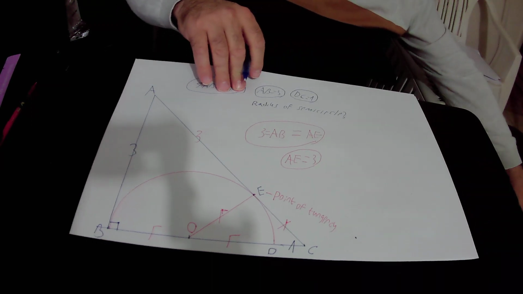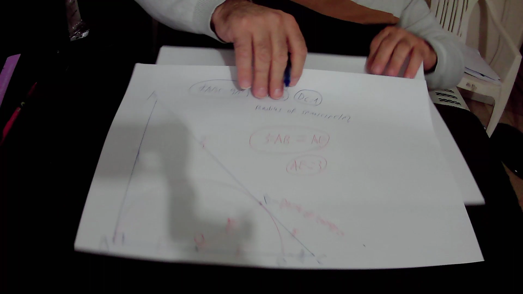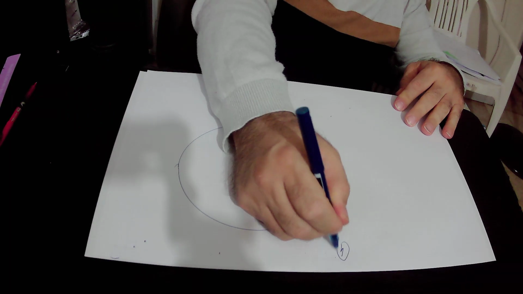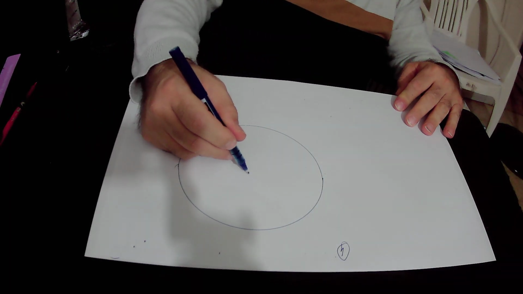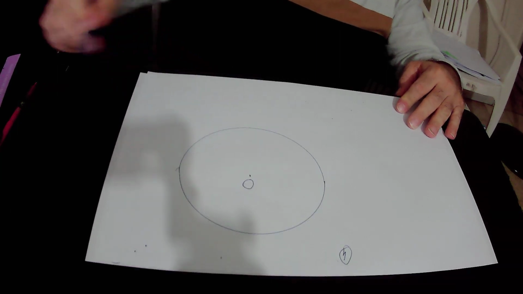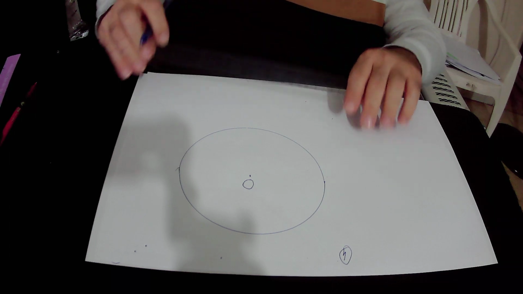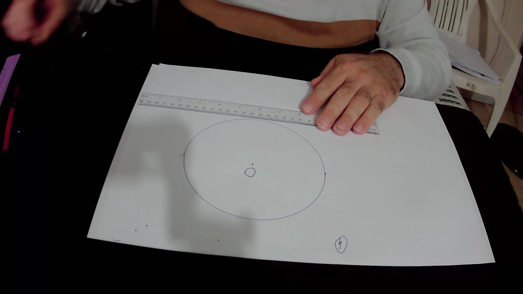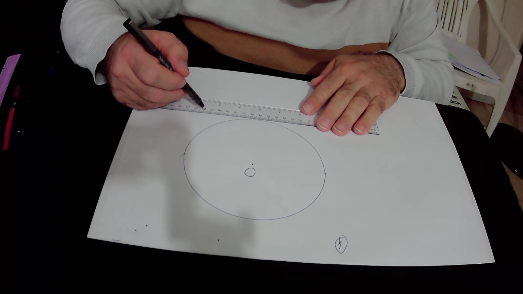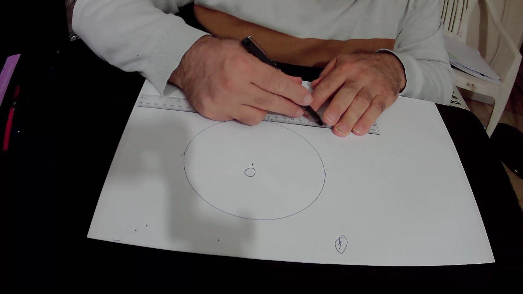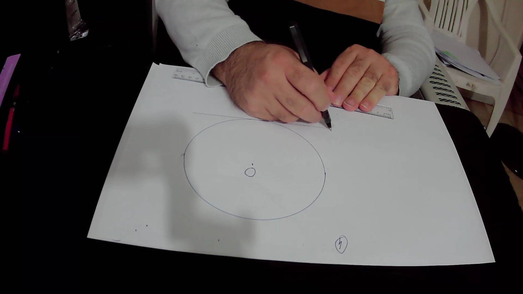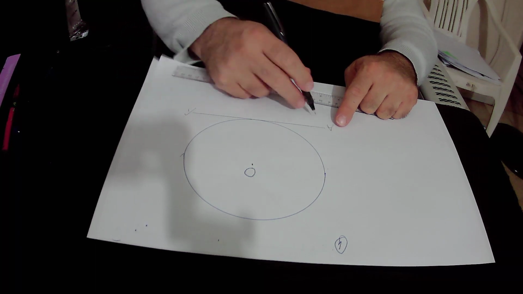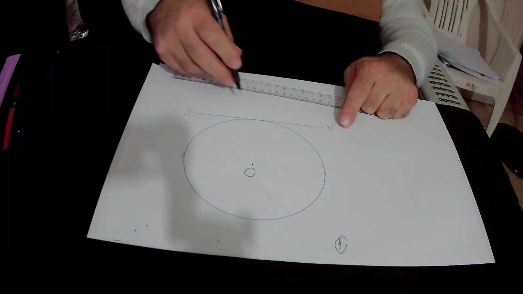The meaning of rule number 2 is that if we have a circle, this circle, and the center of this circle is at this point, we will define the center of the circle as point O. We also have tangent AB, in the black color, which is tangent to this blue circle.